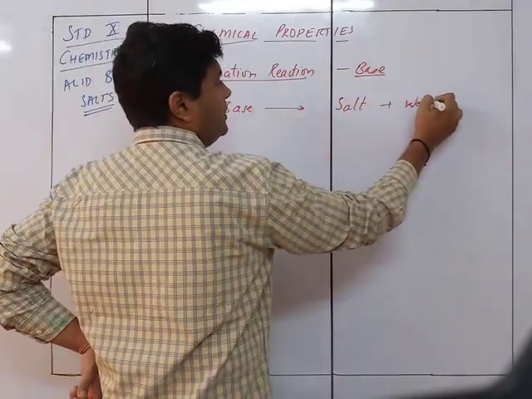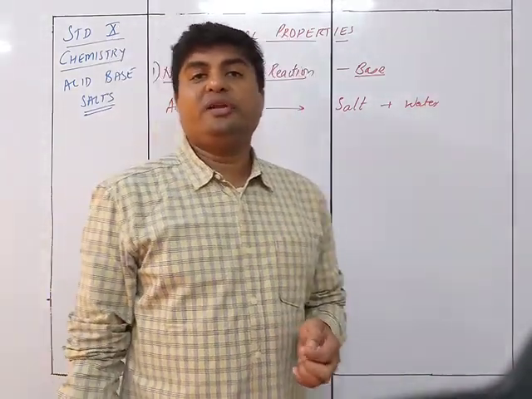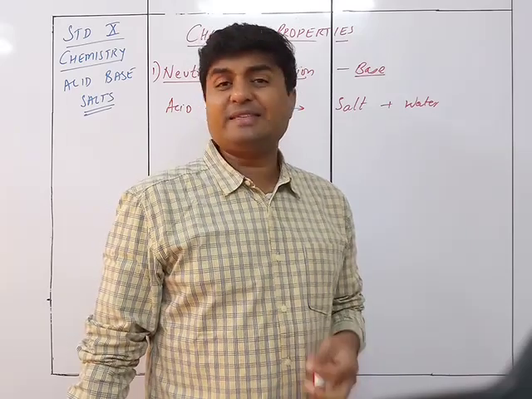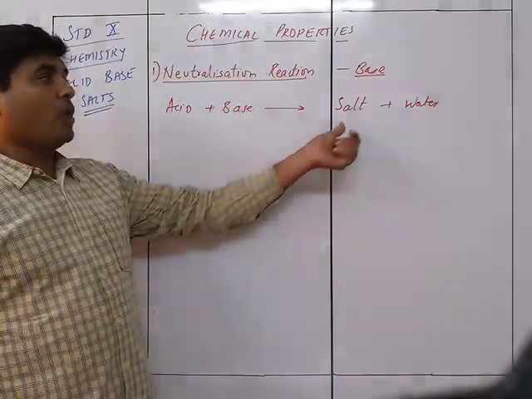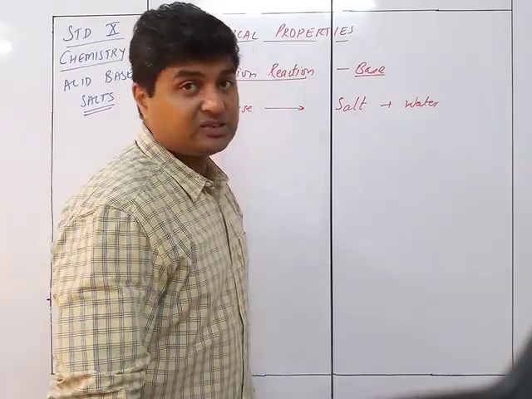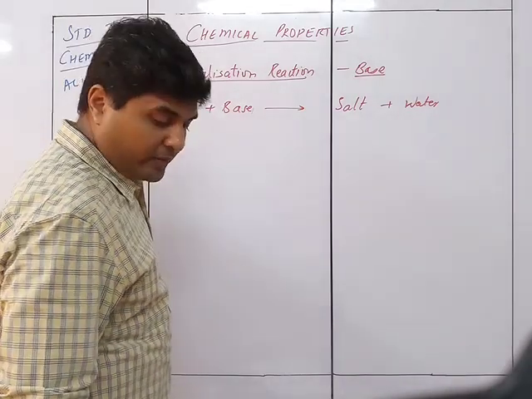This is the most common formula of chemical reaction which takes place with acids. Acid plus base will give you salt plus water. You have been studying this since the last 3 years, so it's a very easy thing and you know it very well.